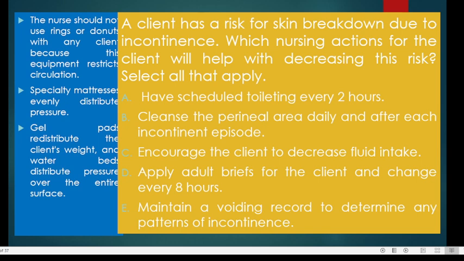Cleanse the perineal area daily and after each incontinence can be kept for consideration. Encourage the client to decrease fluid intake, that one needs to be eliminated. Apply adult briefs for the client and change every 8 hours. Changing every 8 hours, that is too long. Maintain a voiding record to determine any patterns of incontinence.